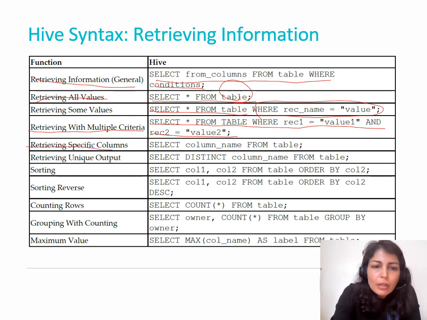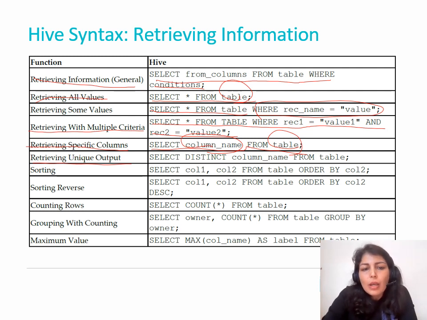Retrieving specific columns, very clear. You have to select the column names, one or more, from the table. Your table name and the column's name. Retrieving unique output. Okay, sometimes when you are retrieving some columns, some of the columns have the same value for some of the records. Then you can say, okay, just show it once if it makes sense in the output.